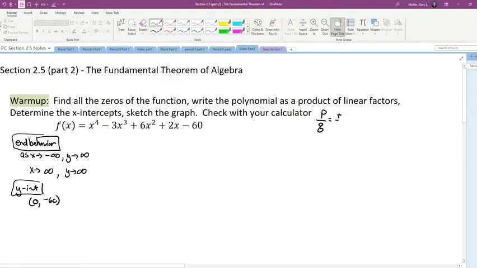So we've got 1, 2, 3, 4, 5, 6, all go into 60. 7 does not. 8 does not. 9 does not. But 10 does.